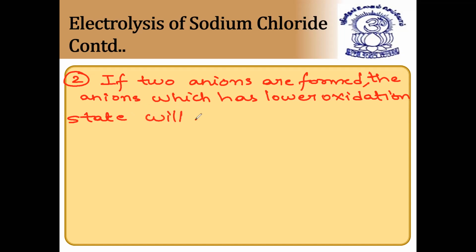If the anion contains a radical, first element you have to compare. It will go and deposit first.